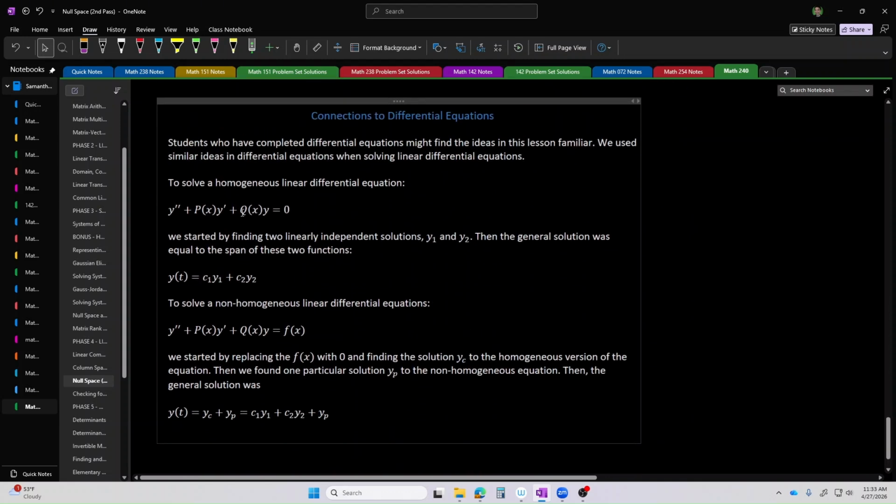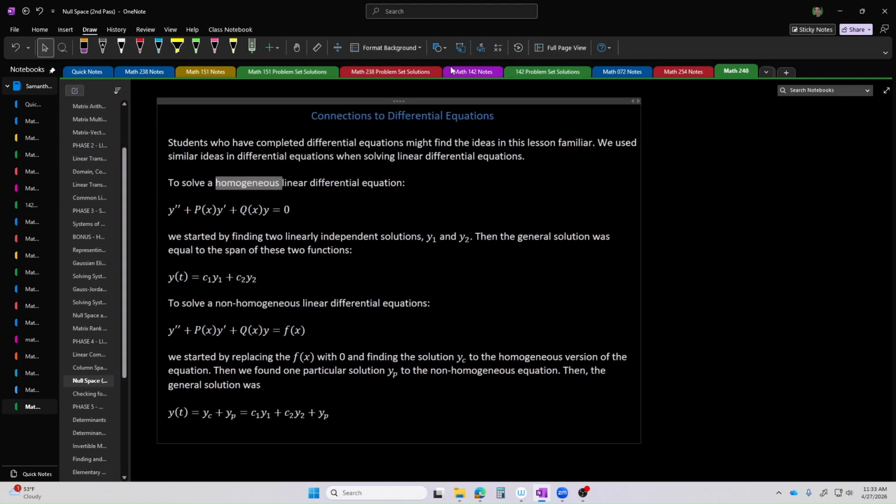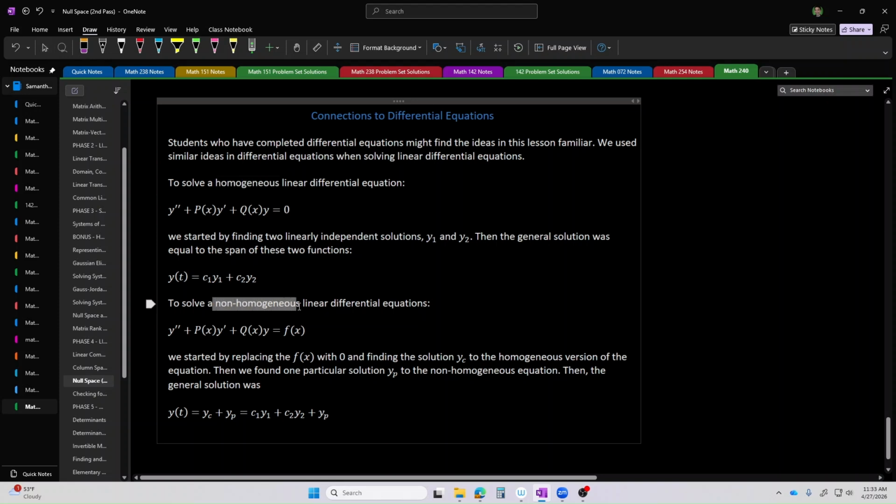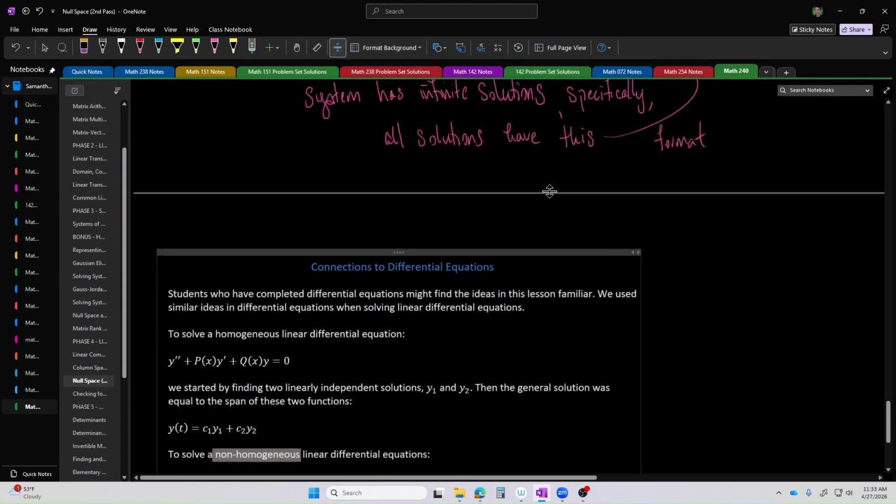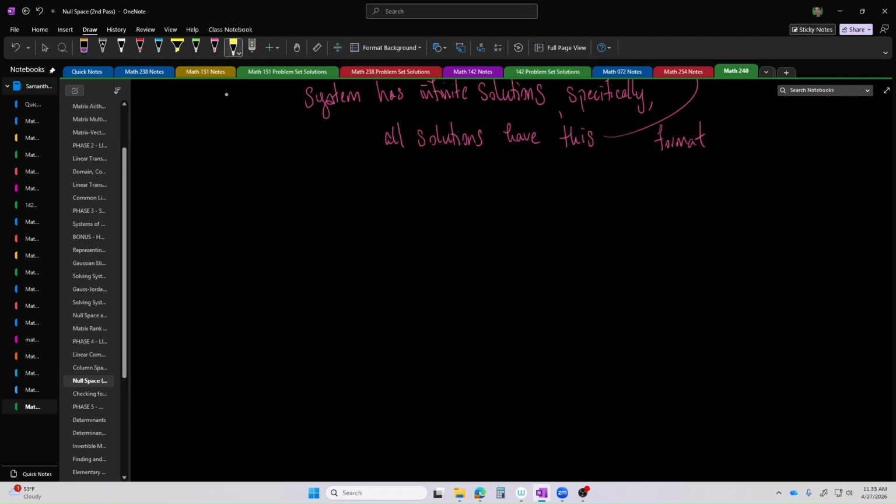In honor of the kind of language that's used in differential equations, homogeneous refers to an equation that's got a 0 on the right-hand side, and non-homogeneous refers to an equation with something other than 0 on the right-hand side. Sometimes you see the same language used in a linear algebra context as well.